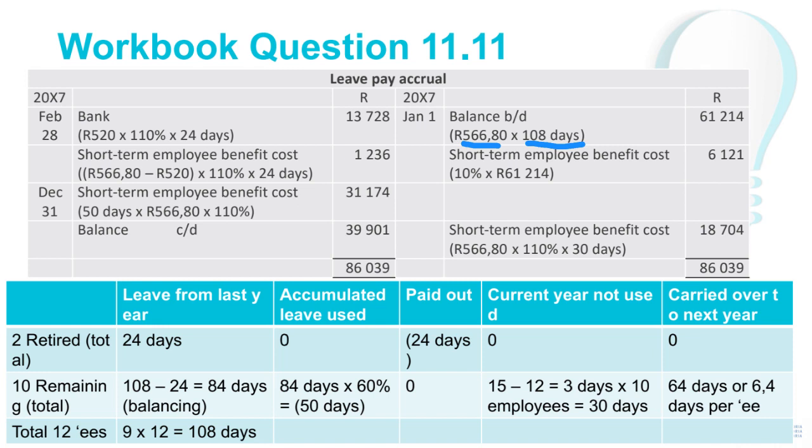So then we say 500, which is cost to company, times 108 days, which is the total of 12 employees, right? And we're going to get this amount of 61,214. Now, during the course of that first day, there was the announcement made of the 10% increase.